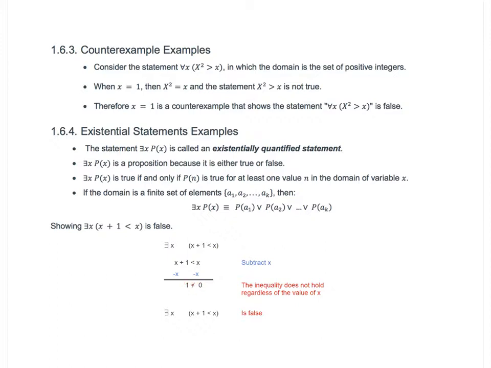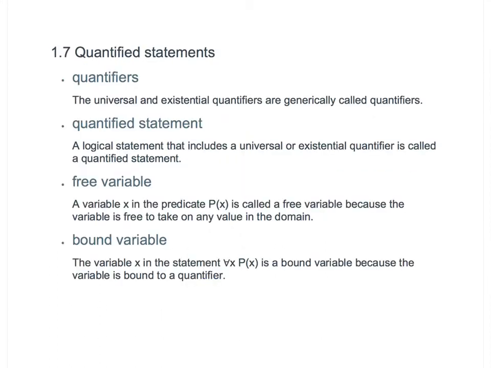So this inequality doesn't hold regardless of the value of x. For no value of x is the inequality x plus 1 less than x true. Therefore, the existential statement "there exists an x such that x plus 1 is less than x" is false, because for no value in the domain is the inequality true.